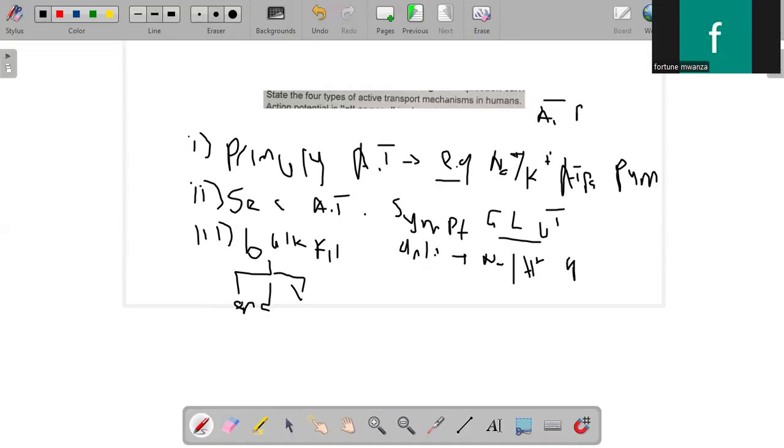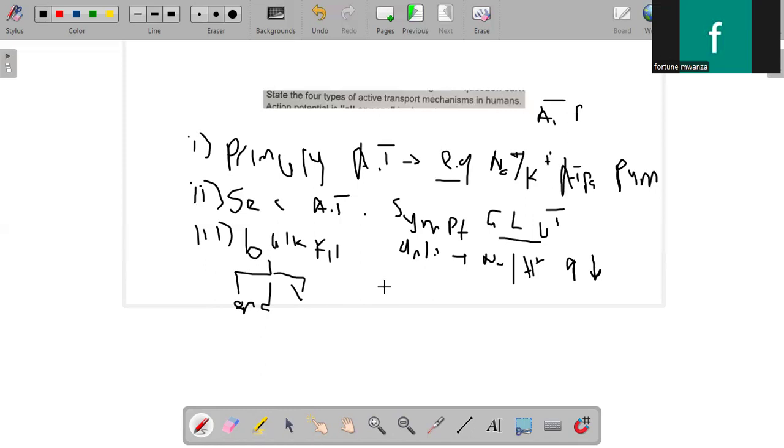You are taking in your sodium, then your hydrogen is coming out, or the other way around. That's what a secondary active transport is.